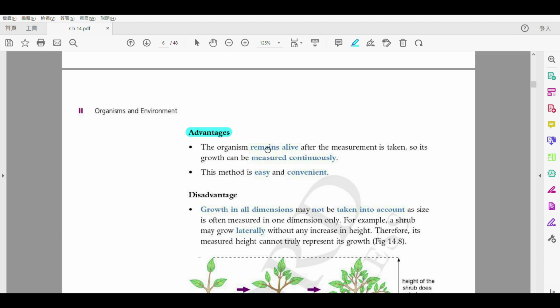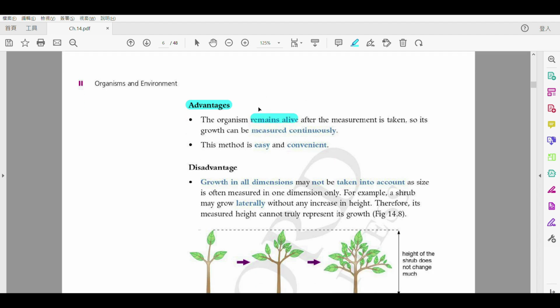No, right? So you remain alive. And therefore, since the organism is alive, the same organism, like you, I can measure you continuously. You have actually done that since your primary school. Always you will measure your height, year after year, right? And why is that? Because this measurement is very easy and convenient.